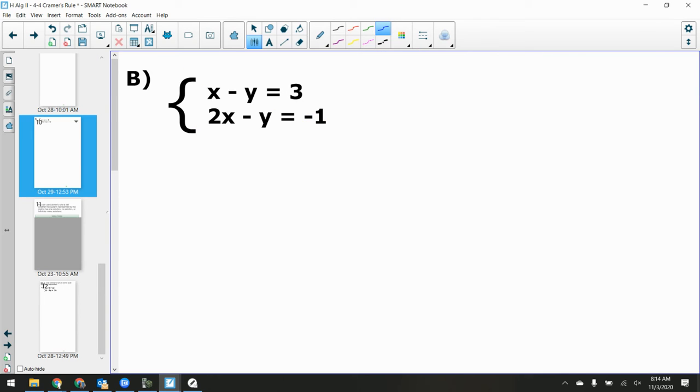Try this one. Okay, so first off, is this set up in standard form? X, Y, constant, X, Y, constant. Good. So now, big D determinant, 1, -1, 2, -1.